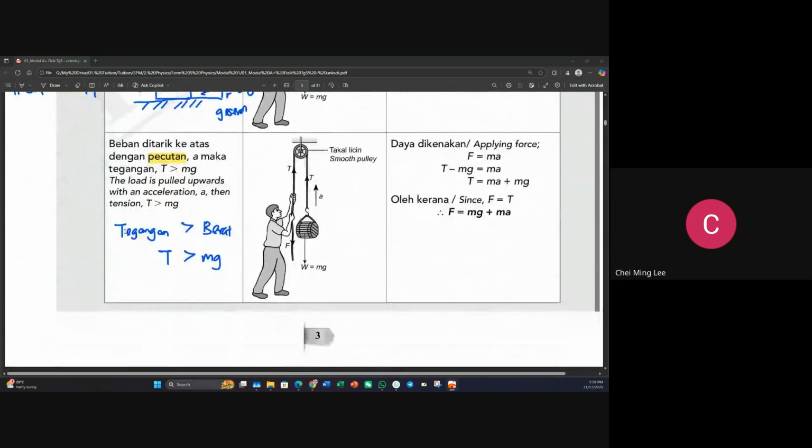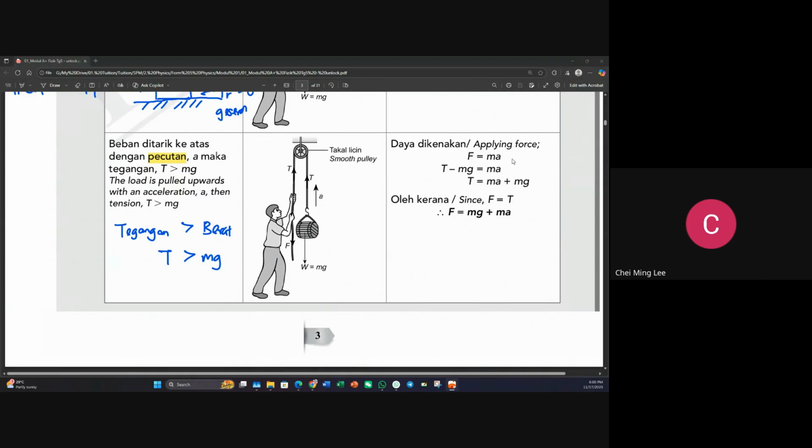Okay, now let's see the second one. When we try to pull it up, the load is pulled upward with acceleration a. Now the tension is more than mg, because before this it was stationary. Now it is moving upward, so the tension must be more than the weight so that the load will move up, correct?